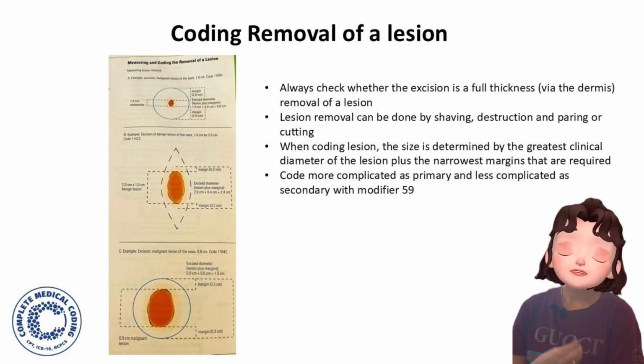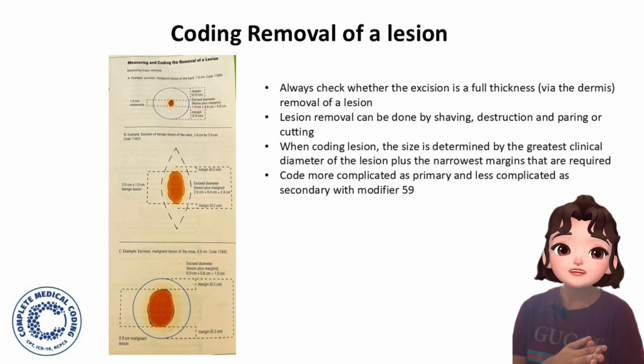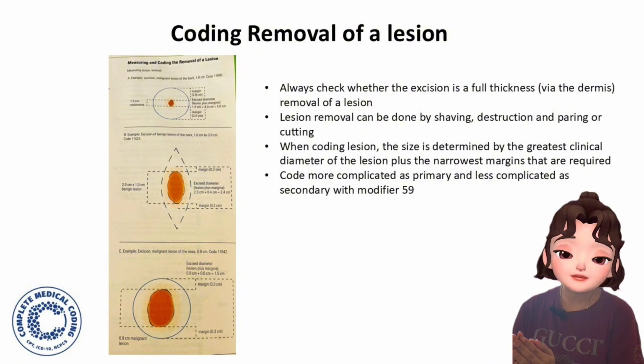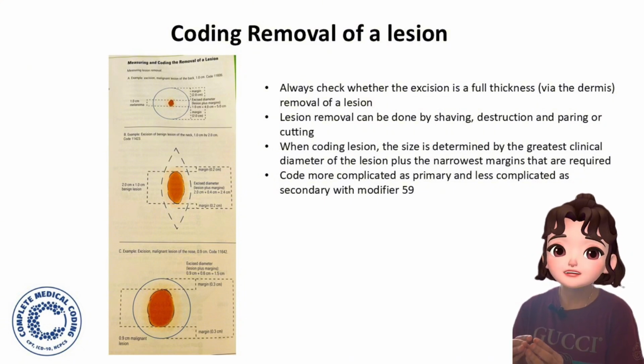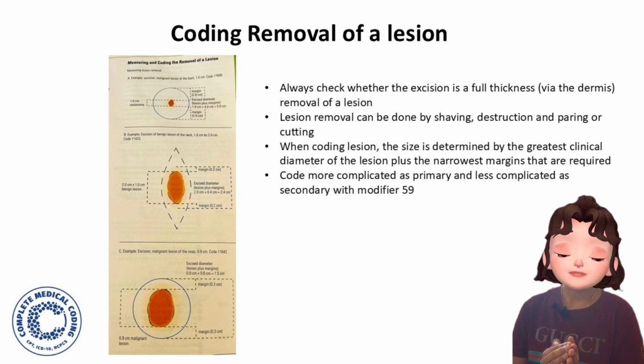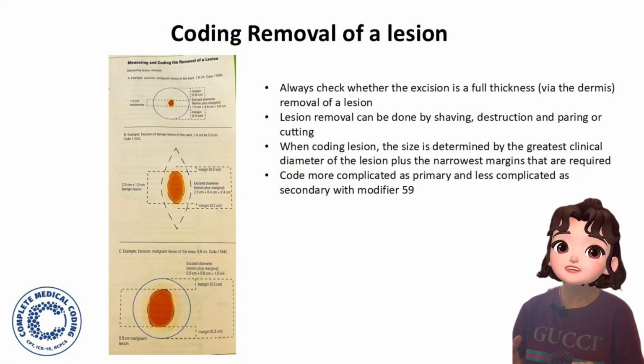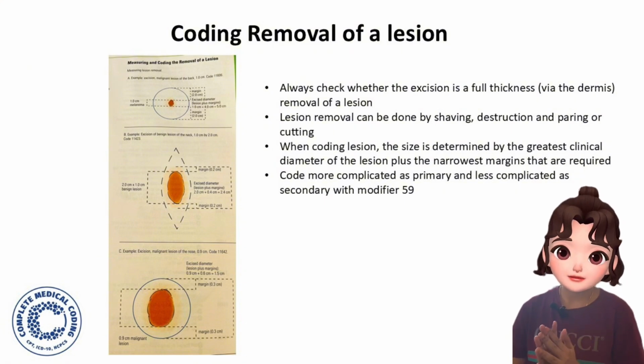If there are multiple wounds, you have to add all the wounds from all anatomical sites that are grouped together into the same code descriptor. For example, if the question is related to simple repair, you can add all those wounds, even though the anatomical sites are different, and code it.